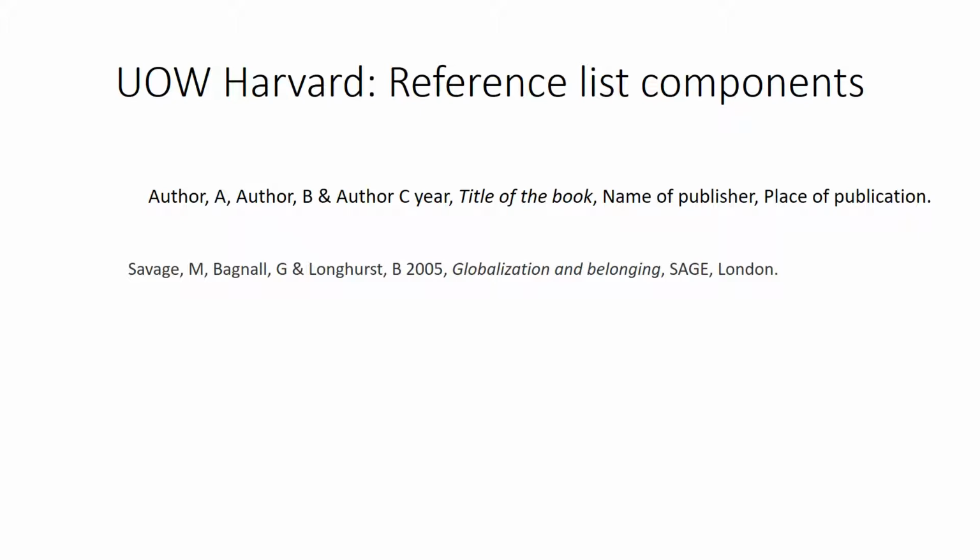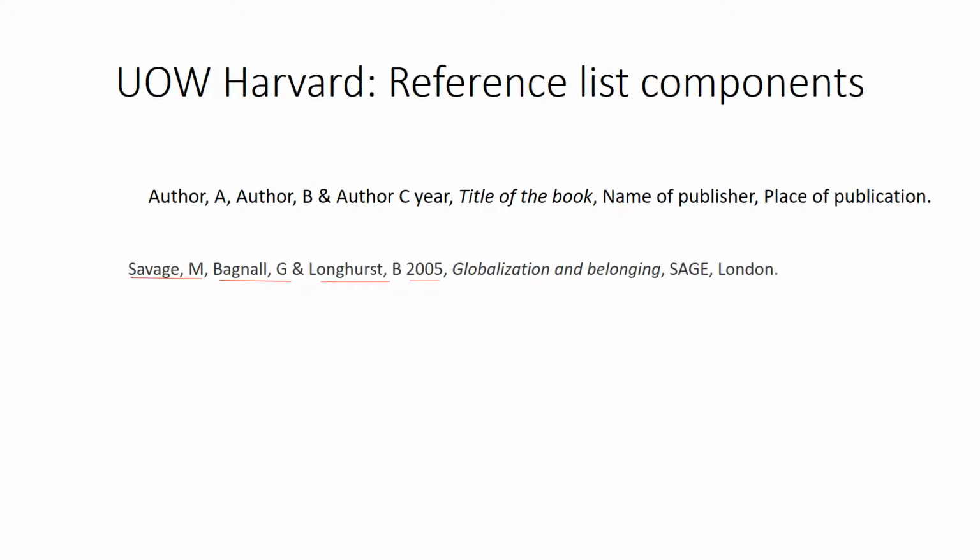So we would have first author, second author and third author with the year, title of the book, name of publisher, place of publication. So that starts to look like first author, family name, comma, initial, second author, family name, comma, and third author, family name, comma, initial.